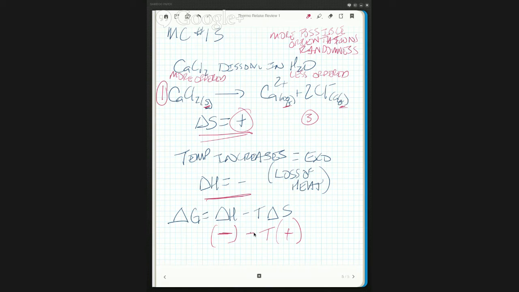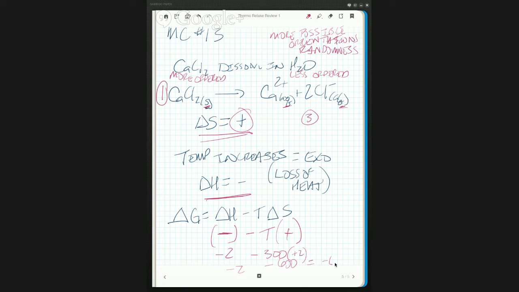So you have a negative minus a positive, which means you're really going to make this a very negative number. Because if you have like -2 minus, even if you said 300 times +2, this makes this -600, or -2 minus 600.